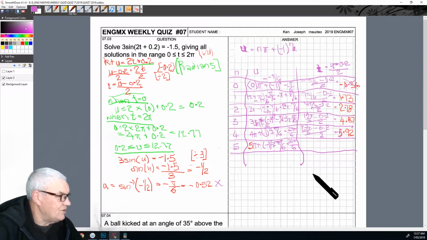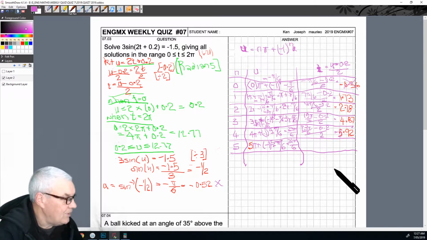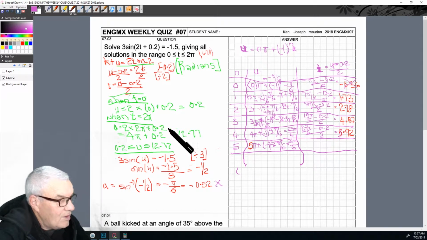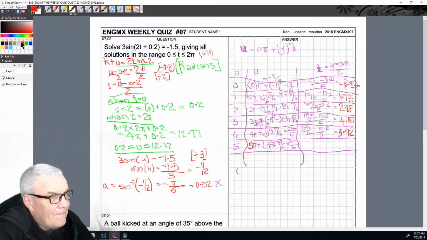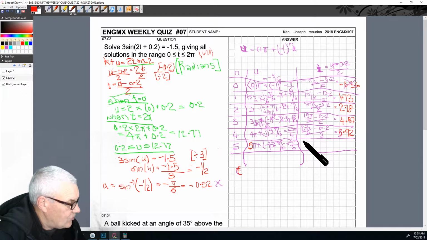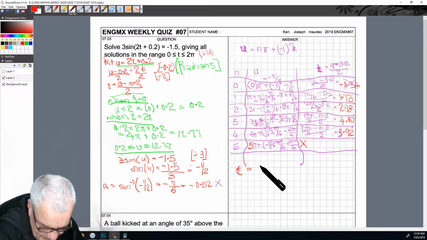And yeah, all right, so there we have it. So therefore we can now say that t, so that's going to be outside the range there, isn't that one? T equals 1.73.